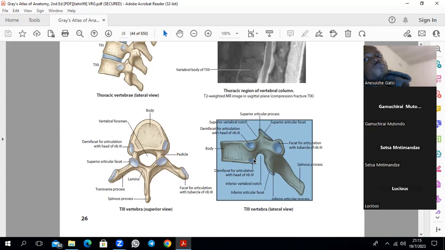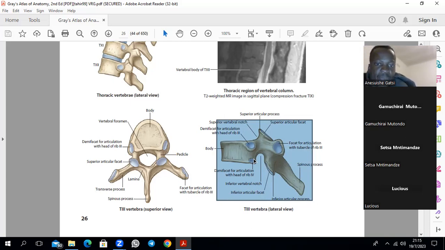It has to do with the fact that the upper one will articulate with the rib at that level, versus the lower one which articulates with the rib below. That one is going to be smaller. But you need to understand the ribs for that. So for now, let's just keep it simple, basic, and describe a thoracic vertebra.